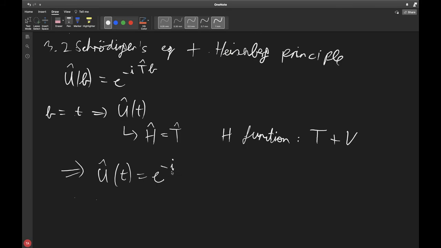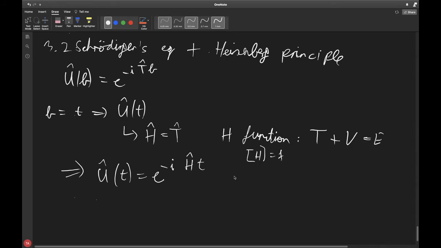And there is one more thing coming in, now that we are discussing physics: this H is going to be an operator which measures the energy. So if we think about what the unit of H is, that's joules, and our parameter is now t, which is measured in seconds.